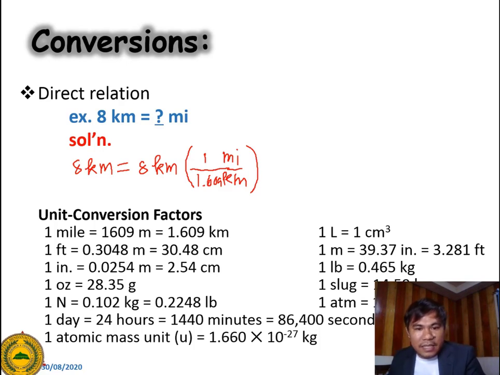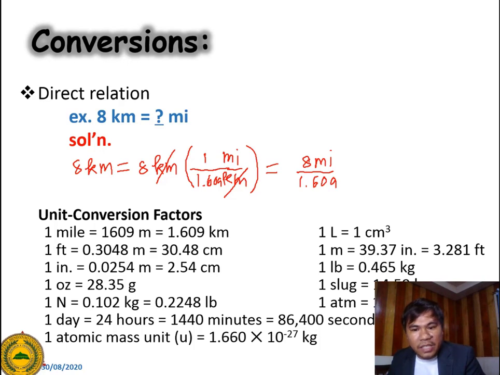So going back here, I have kilometers in the numerator multiplied by miles over kilometers. Bottom line is I can cancel out the kilometers at the denominator. Then you can multiply numerator to numerator. So I have here 8 miles divided by 1.609 at the bottom.